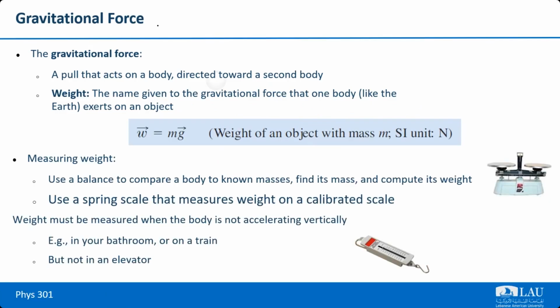This is a force that exists on any massive object on Earth. So in fact, any problem you see, whatever the situation is, so whether it's a book on a table, a book in air, a book in a basement, I don't care.